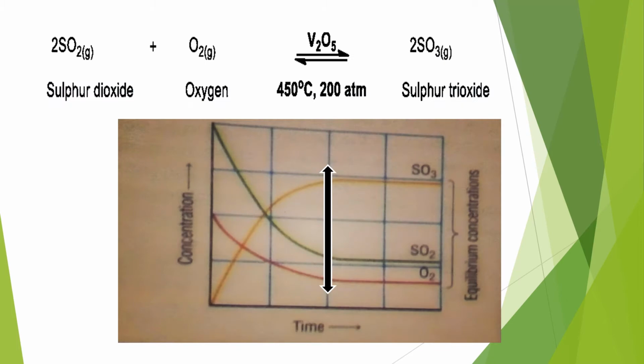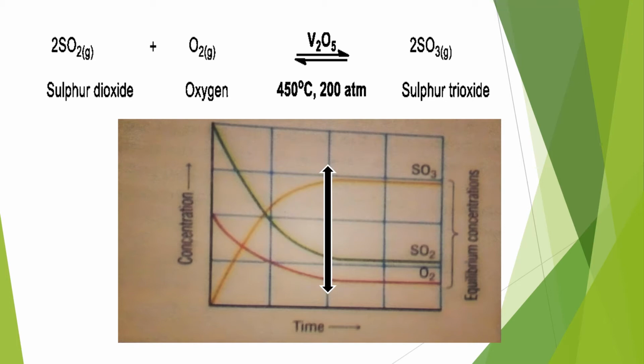Here the reversible reaction for the formation of sulfur trioxide is shown in the form of a graph. In this graph you can clearly see that time is on the x-axis and the concentrations of the reactants and product are given on the y-axis. At zero time, when you have just mixed the reactants sulfur dioxide and oxygen, these reactants have maximum concentration.